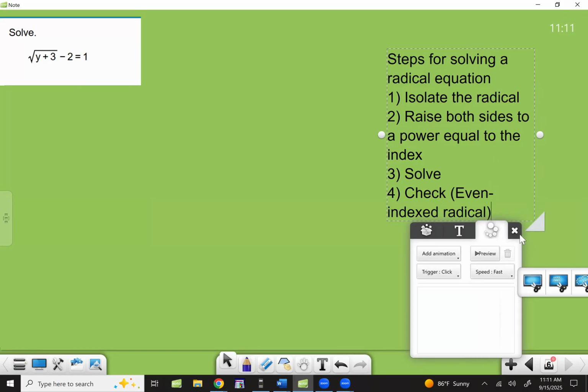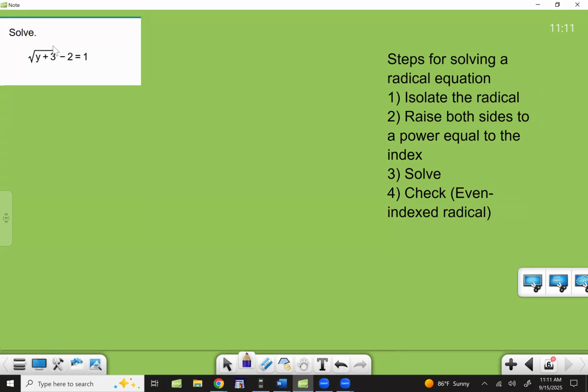Okay, so let's use these. So isolate the radical. Y plus 3 is the radical, right? So I have to get rid of that 2. So I'm going to add the 2 to both sides of the equation so that the radical is now isolated. So step 1, done.